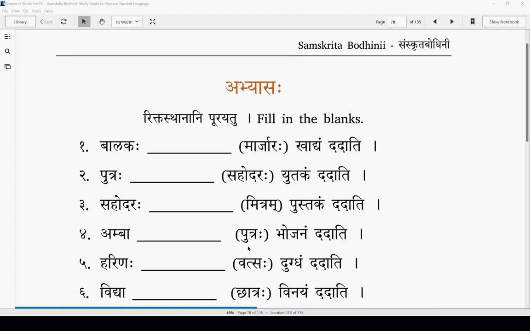Are there any questions so far from the last week or before that? We completed Chaturthi Vibhakti. So far we have Prathama, Dvitiya, Tritiya, Chaturthi, Shashti.